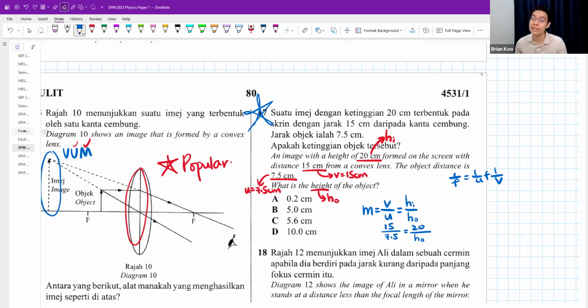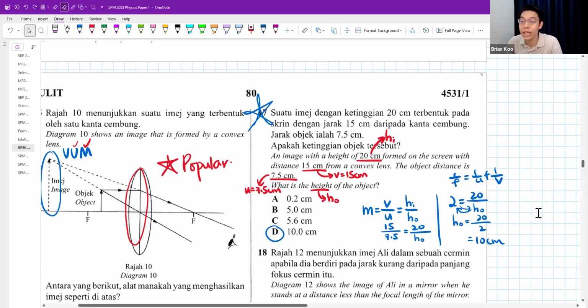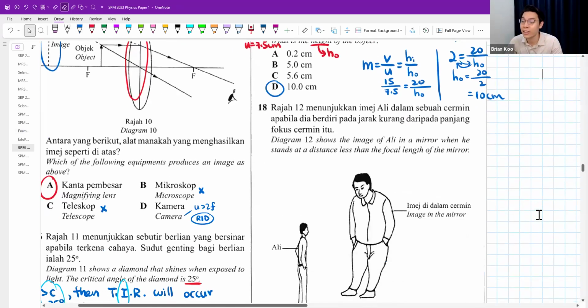Then you can find the answer. You can cross multiply also can. But 15 divided by 7.5 is 2. You can multiply the H and divide by 2. I'm doing very slowly. Answer is 10. It's objective, so you don't need working also fine. Okay, question 18.